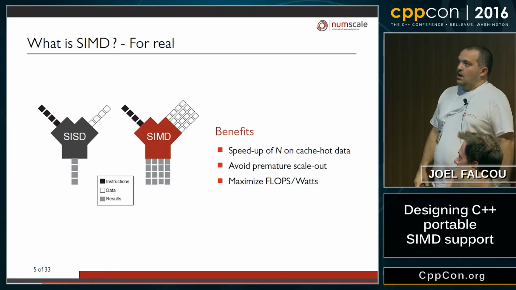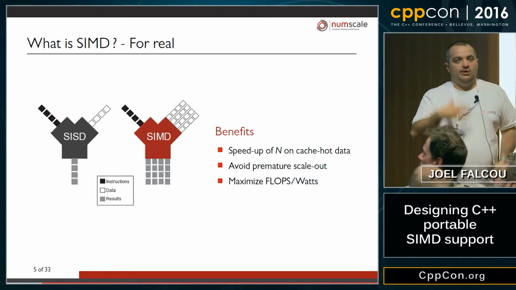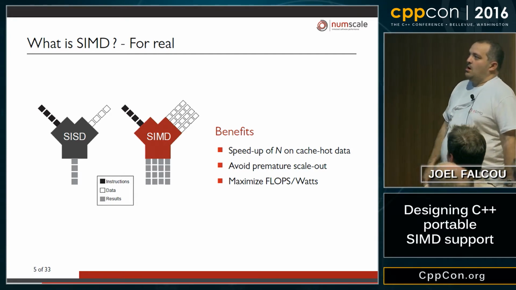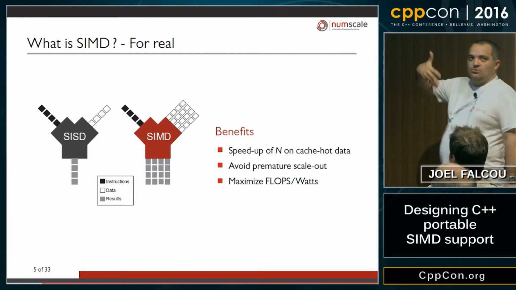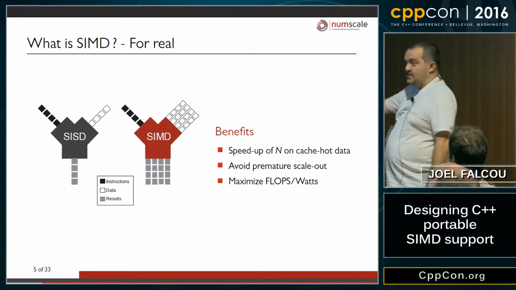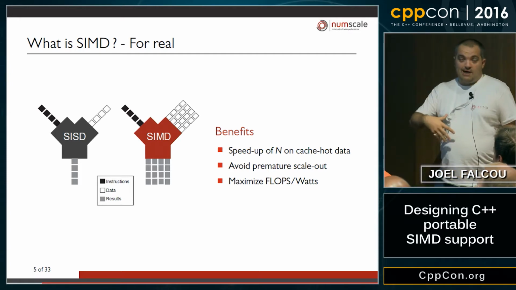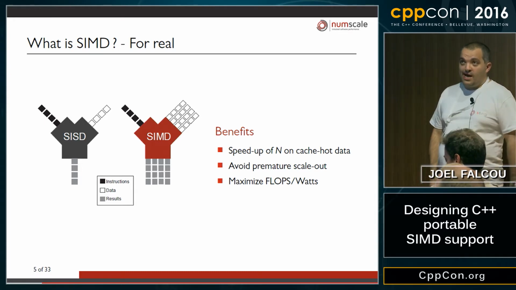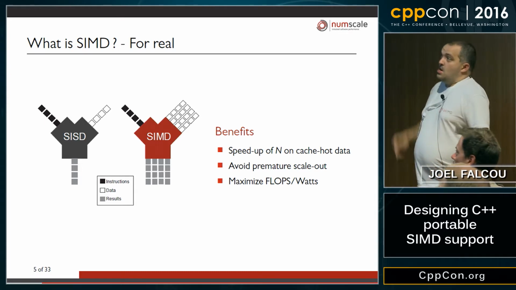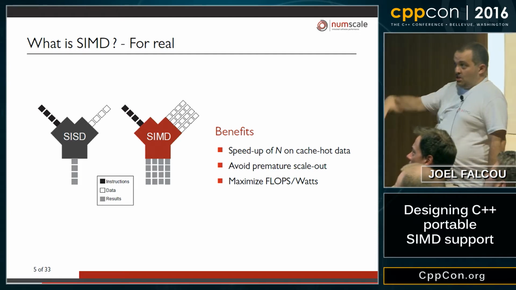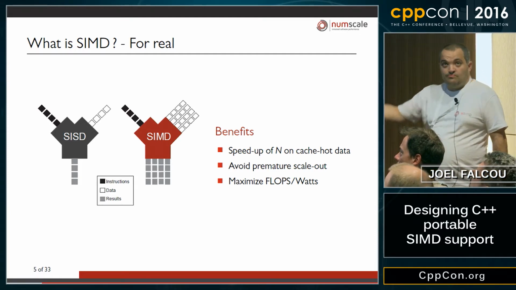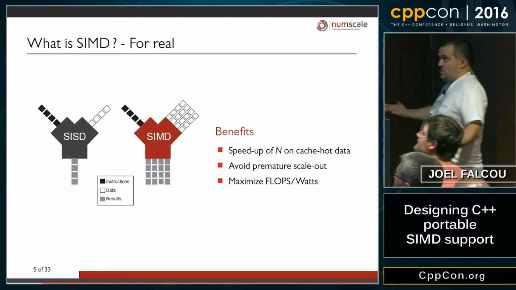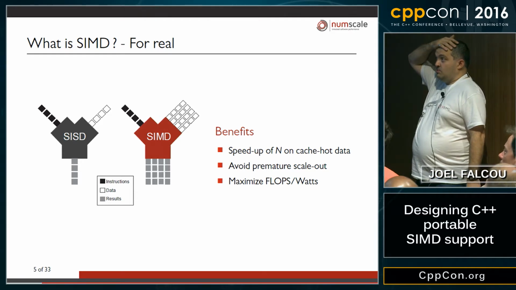And this additional performance that you can extract from basically every processor out there may bring some additional ×2, ×4, or ×10 that you need to get your application up to the speed you need, without having to resort to scaling out or getting more cores. And by using this specialized instruction set, you will also be able to maximize the flops per watt metric, which is, in some cases, a very interesting optimization.